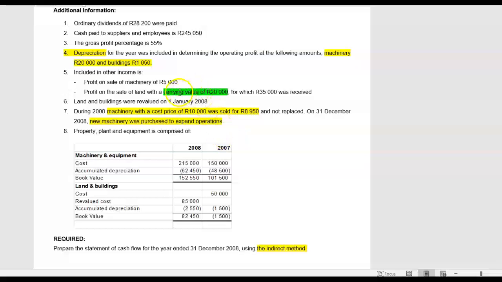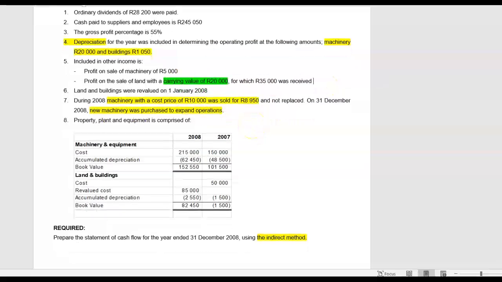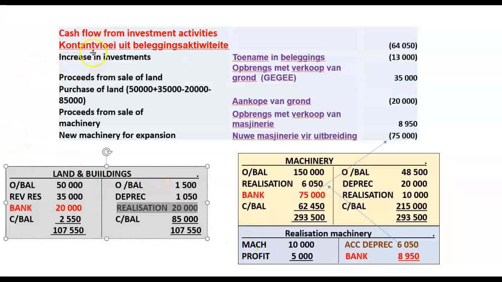We've already seen there that if that was a 20,000 and 35,000 was received, there was then a profit there of 15,000 Rand. So you can write it for yourself, but I think they also give that to you, profit of 15,000 Rand. Great, so the 35,000 you can straight away go and park that in your investment activities. Where is that?